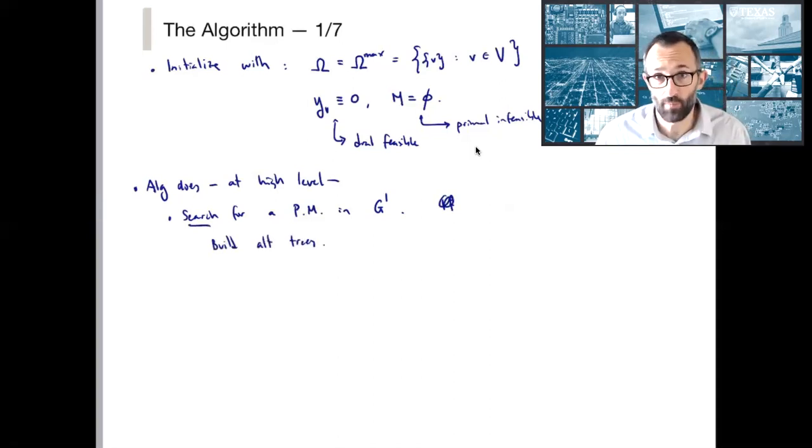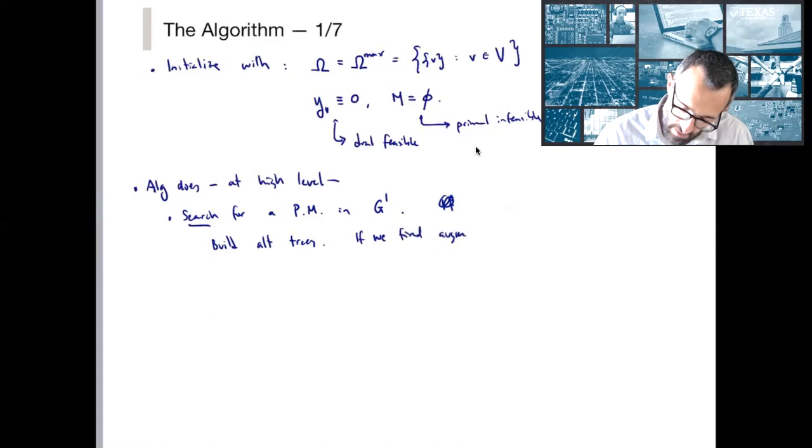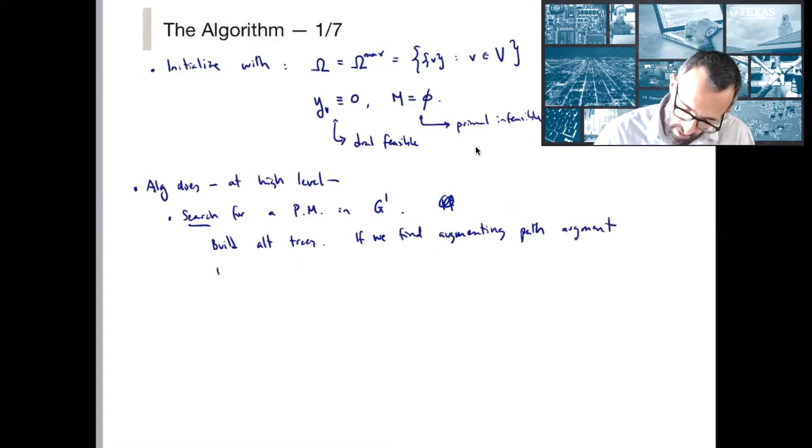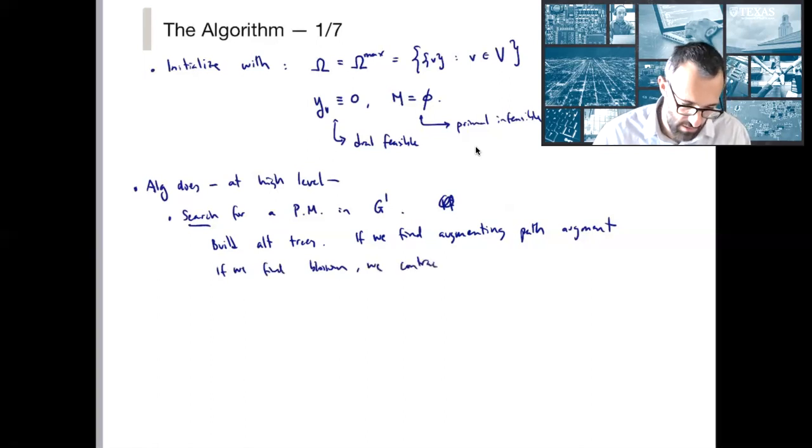And now what could happen when we build an alternating tree? If we find an augmenting path, well, we augment. If we find a blossom, we contract.